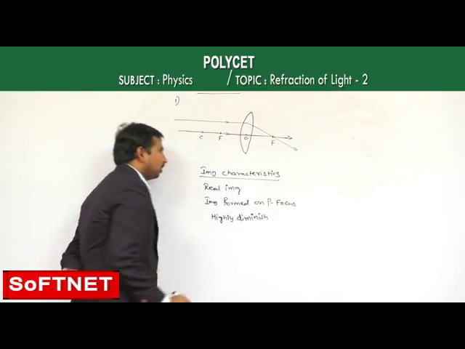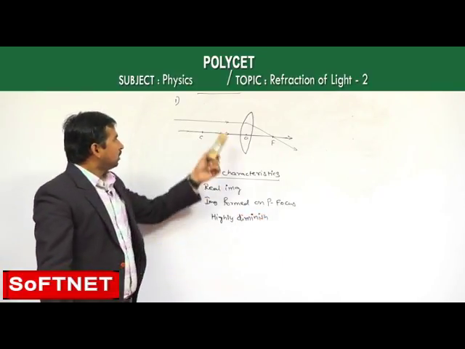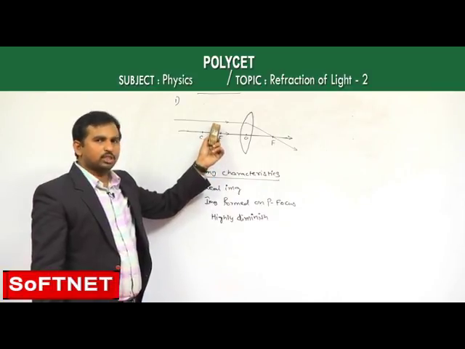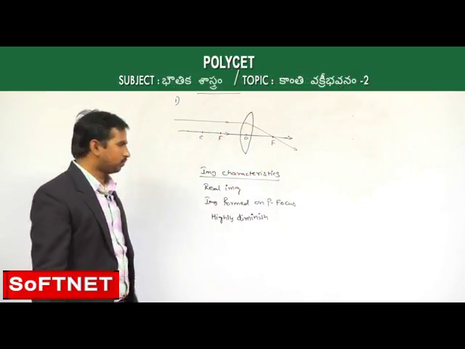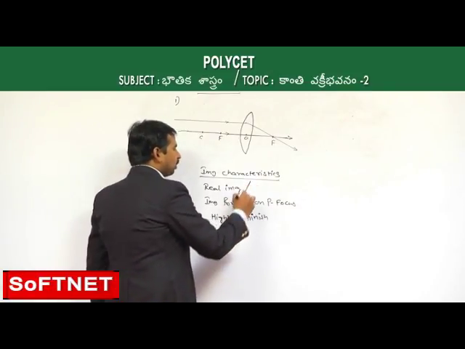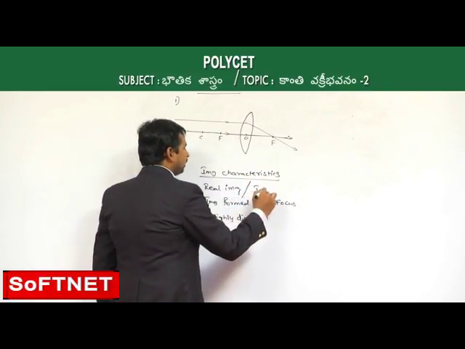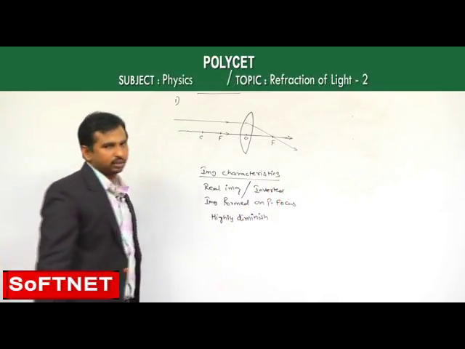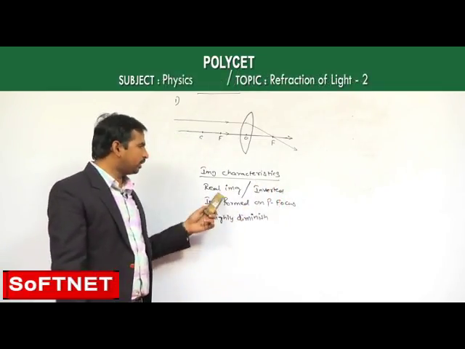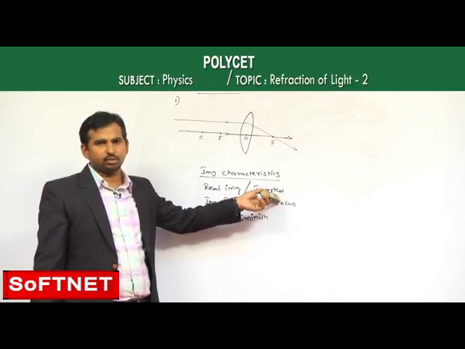And we have seen that the light rays which started above the principal axis, after refraction the light ray is going below the principal axis, which means that the image formed is an inverted image. And we already know that all real images are always inverted images only.